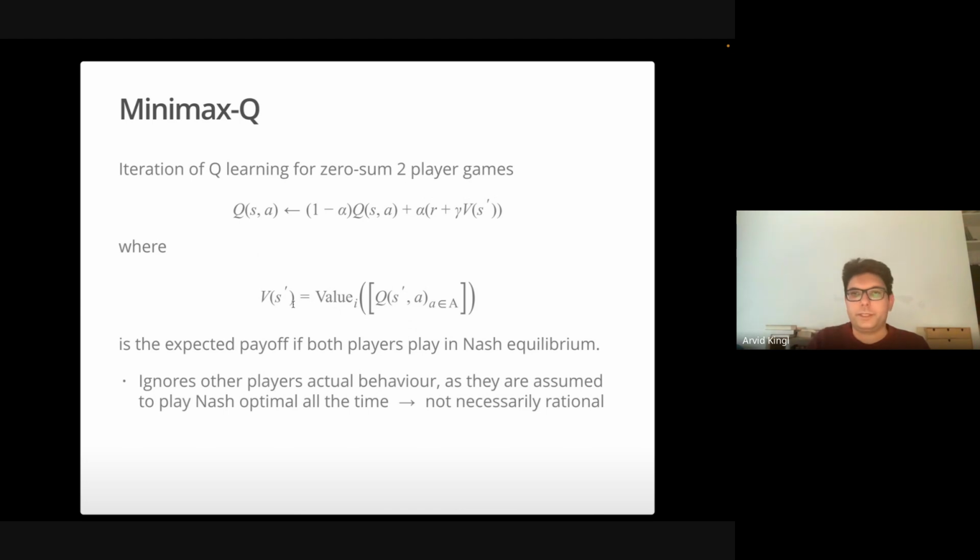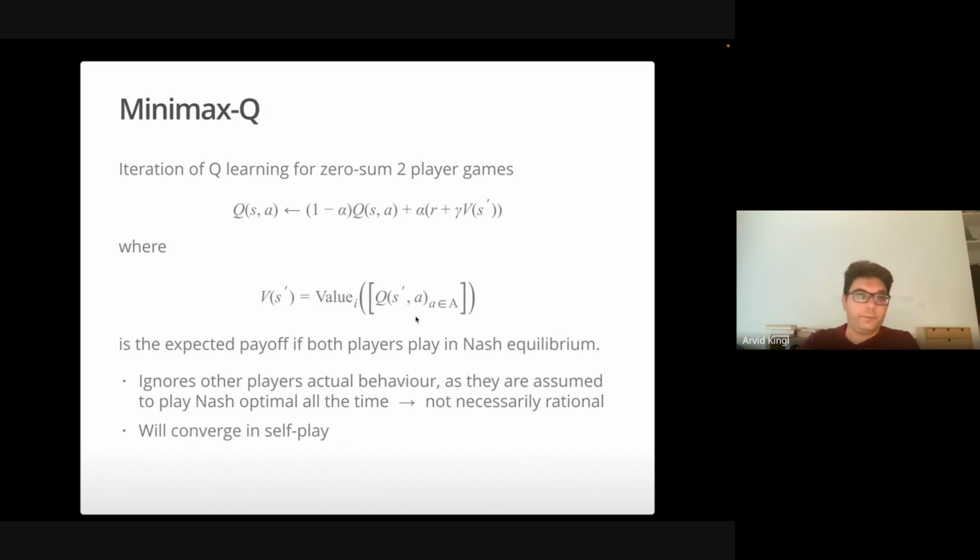The problem here is that we don't actually have any guarantee that the other player is going to play that rationally, right? Players sometimes are irrational, and that means also that our minimax Q algorithm is not rational. So we don't necessarily choose the action that, based on our learning, optimizes our long-term reward.